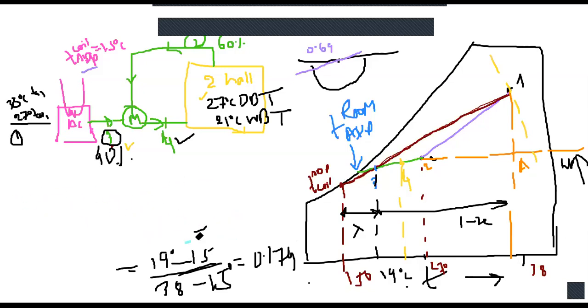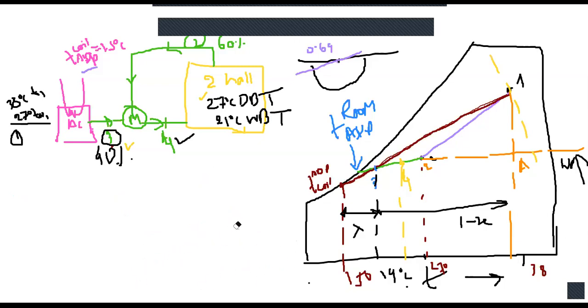Now the last part is to calculate the refrigerating load on the cooling coil.